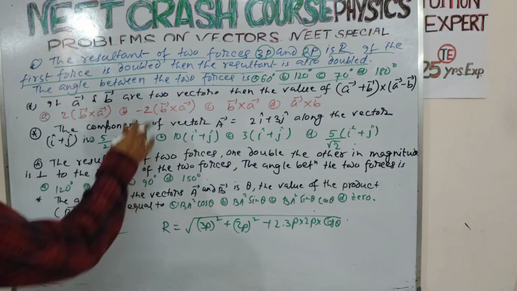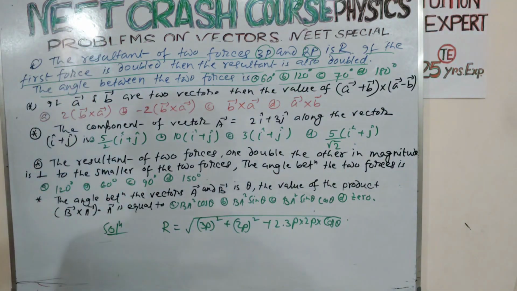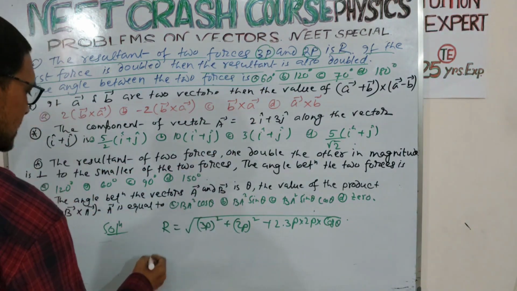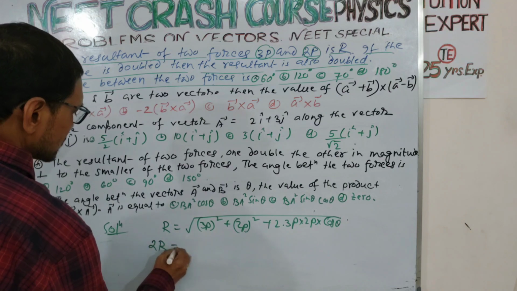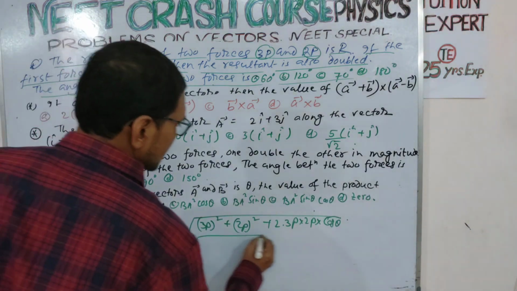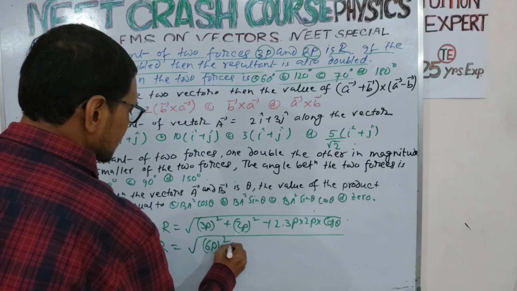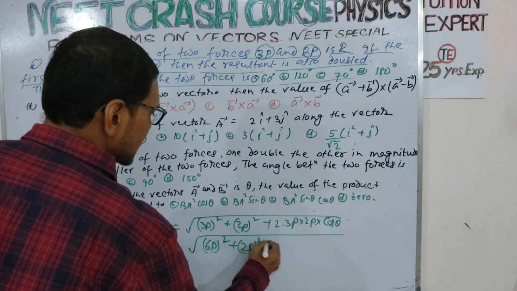If the first force, 3P, is doubled to 6P, the resultant is also doubled, so R becomes 2R and 3P becomes 6P. The second force remains constant.